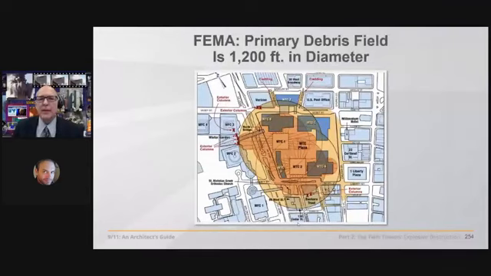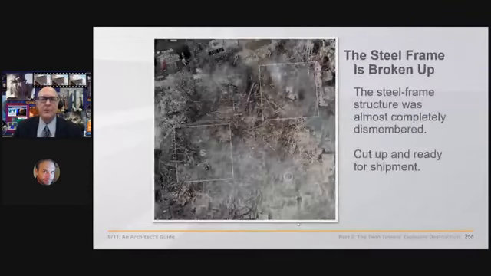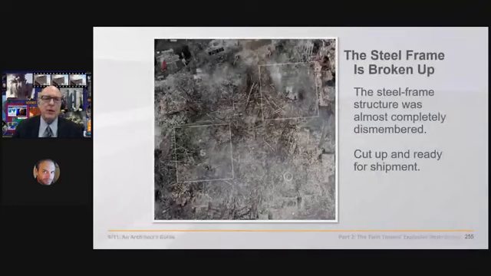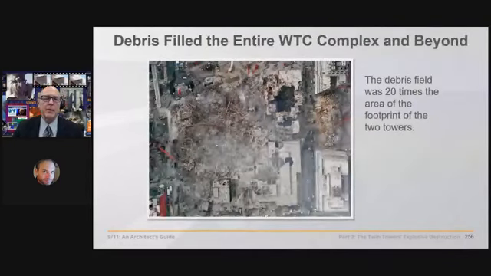Well outside the perimeter of the superblock, the World Trade Center, and almost all outside the perimeter of the North and the South Tower, as we'll see in a moment.